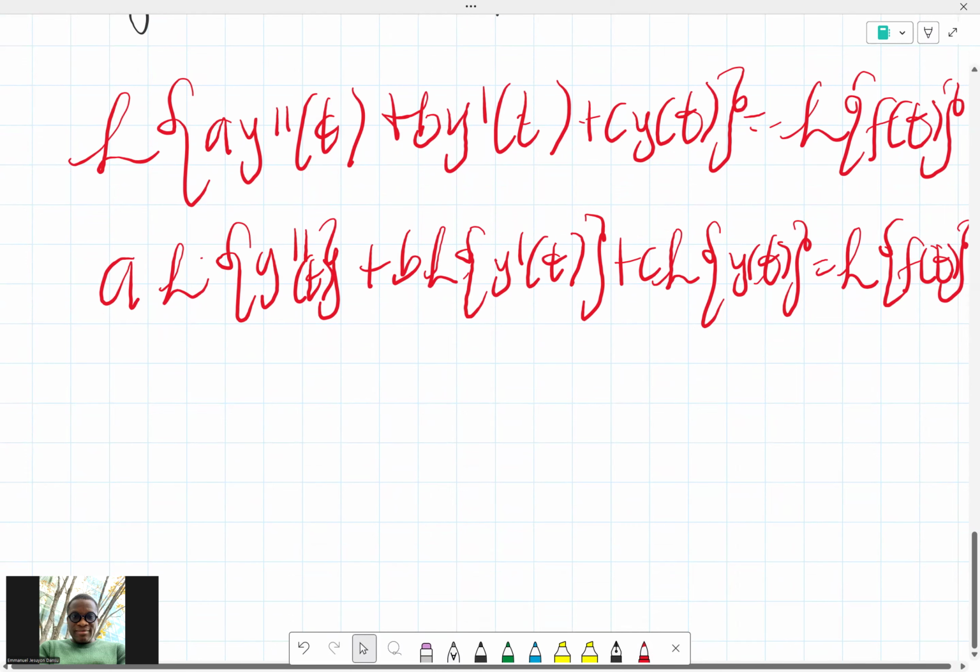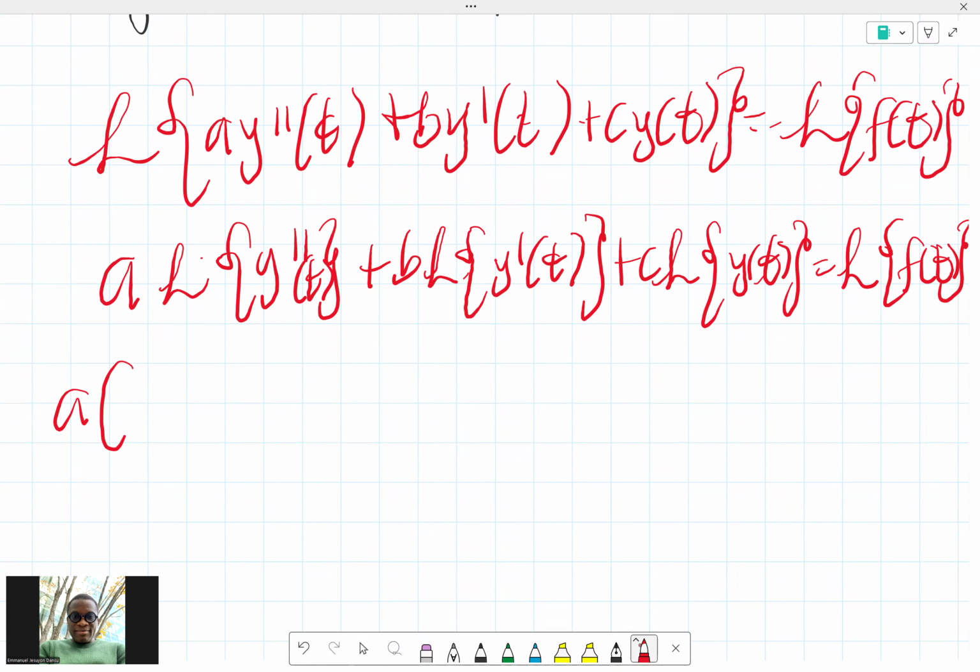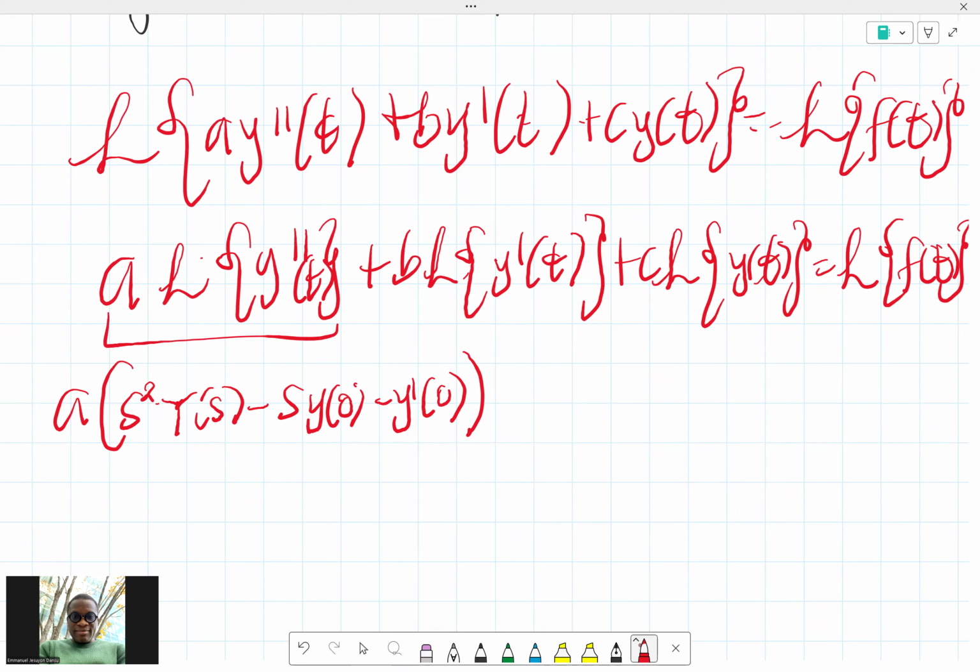For the first one, because it's second order, we have a times s squared Y(s) minus s y(0) minus y'(0).